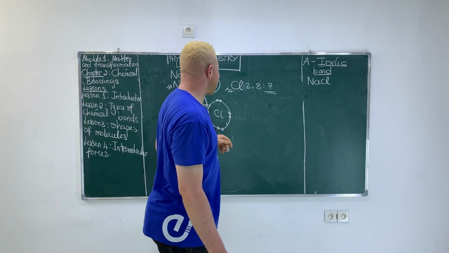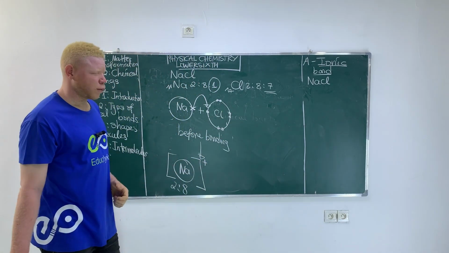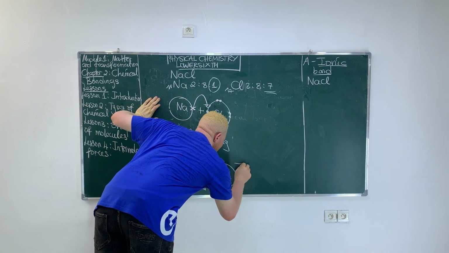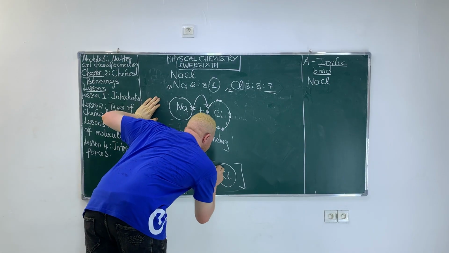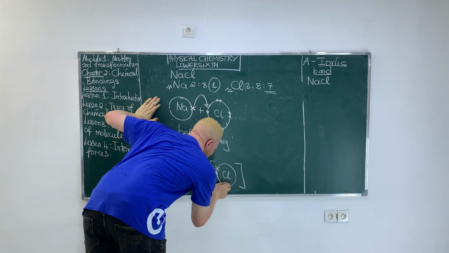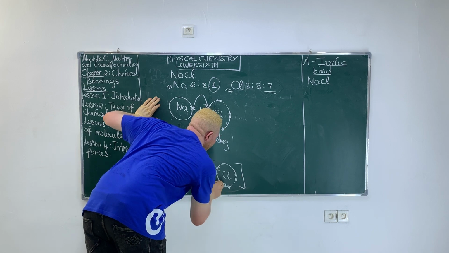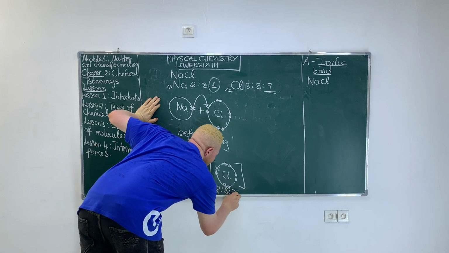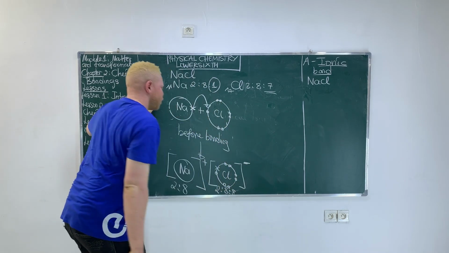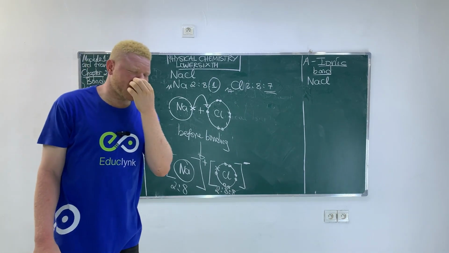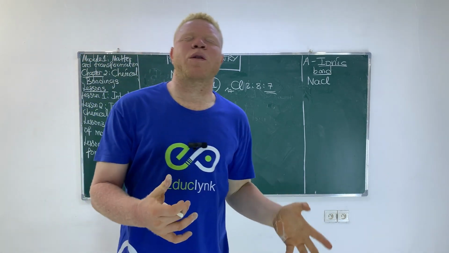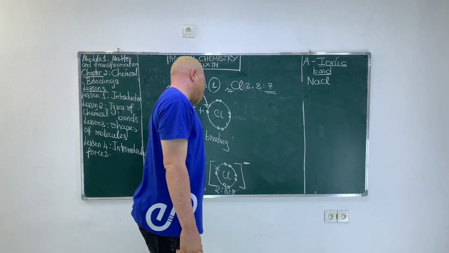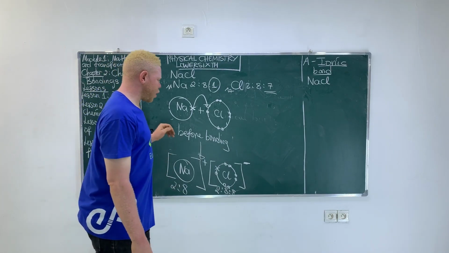The chlorine atom gained the electron from sodium: 1, 2, 3, 4, 5, 6, 7, 8. So chlorine now becomes negatively charged. Why? Because chlorine has accepted the electron from sodium. So this is what happens during chemical bonding, and here we have the situation after bonding.